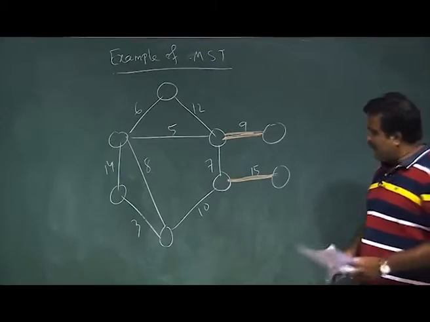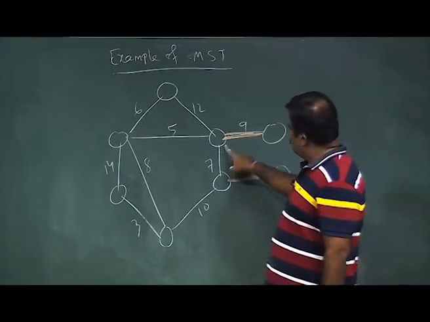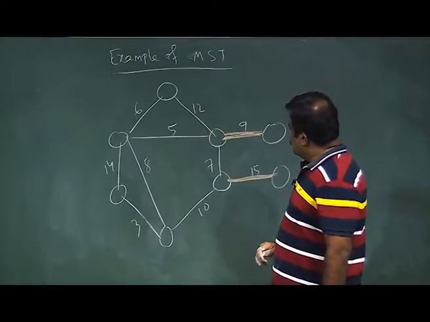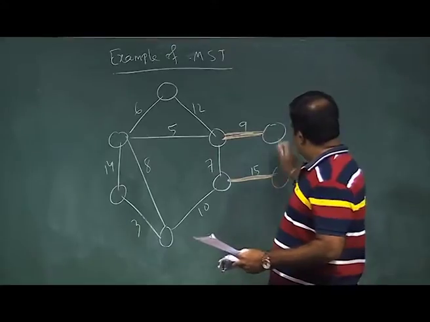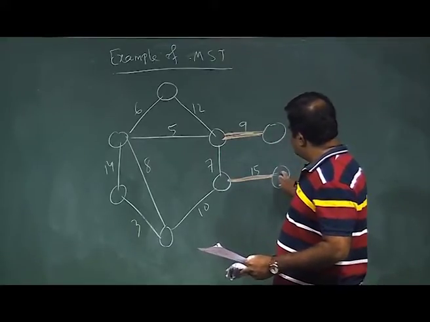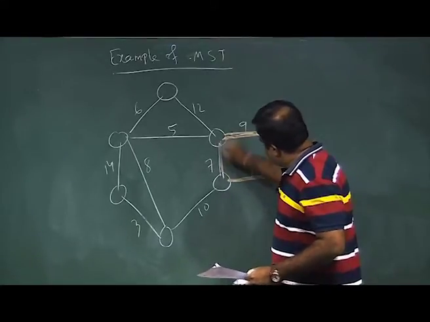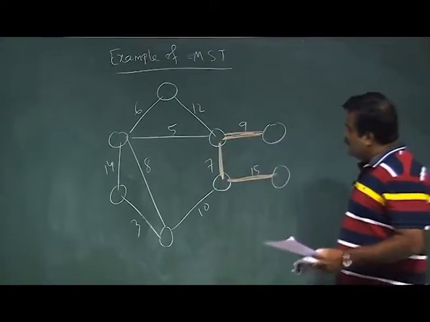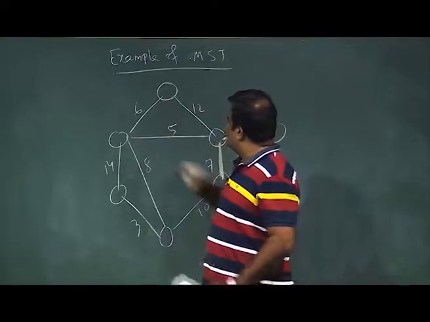Okay, so after taking this, what do we do? So now we try to cover all the vertices. Taking this one covers these two vertices. Now we want to cover these two vertices.